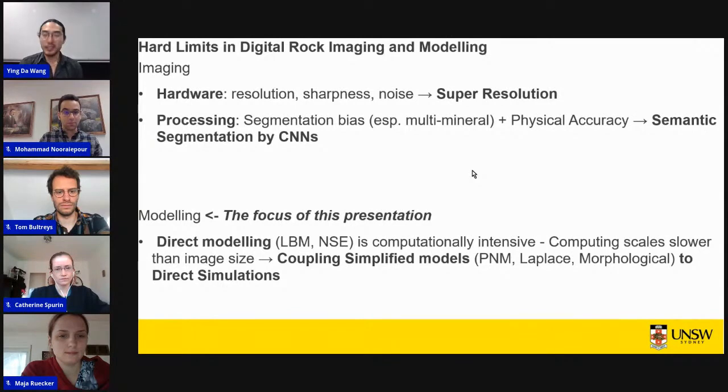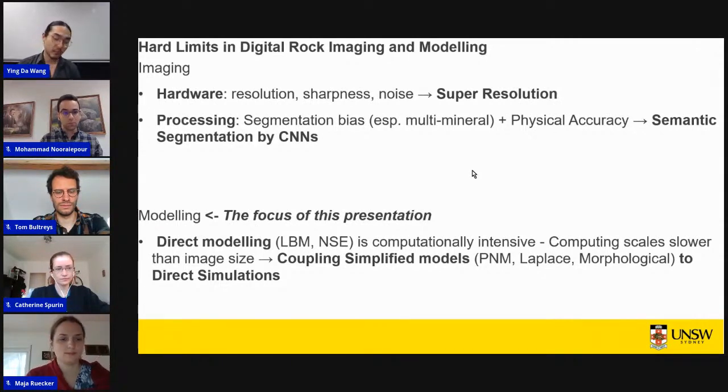If you're talking about pore scale modeling, then you have your direct methods, which are the Navier-Stokes equations, solved using finite methods or lattice-Boltzmann methods. And you have your simplified models, which are the pore network models, the Laplace solver, and morphological methods coupled to pore network models, and so on, for two-phase flow.